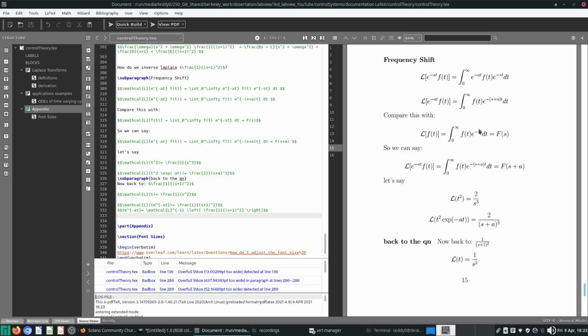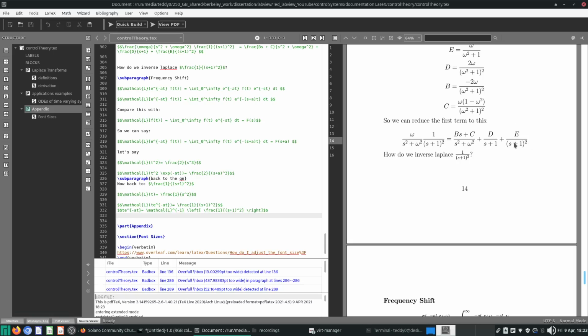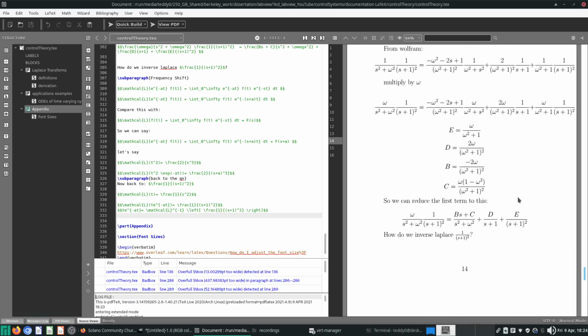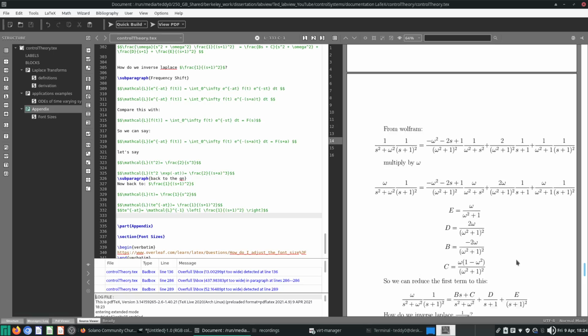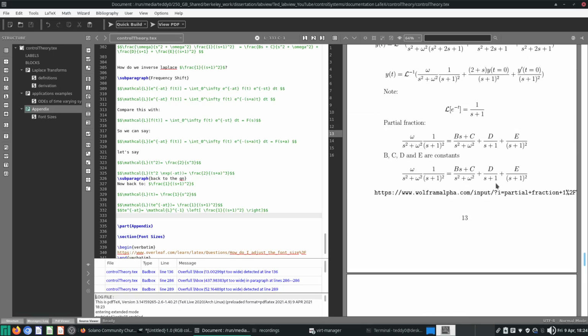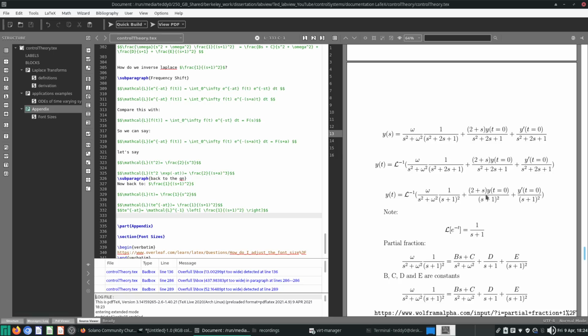So everywhere you see s, you just replace it by s plus a. That's a very simple thing. So now we know that this 1 over s plus 1 squared is just t times e to the minus t. Alright, so this part is more or less settled, and of course, that also means that these two parts are also more or less settled.